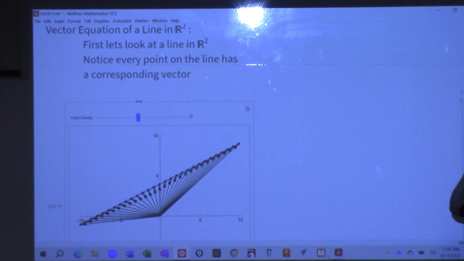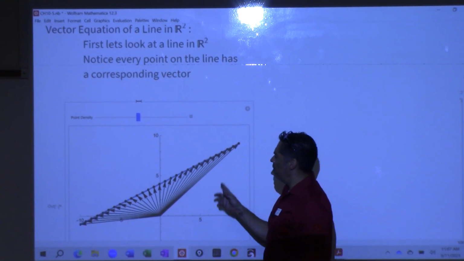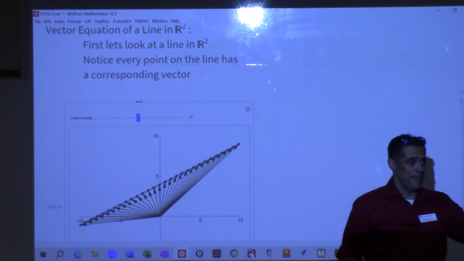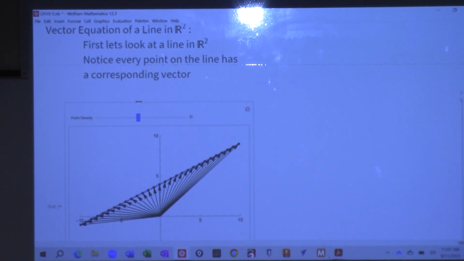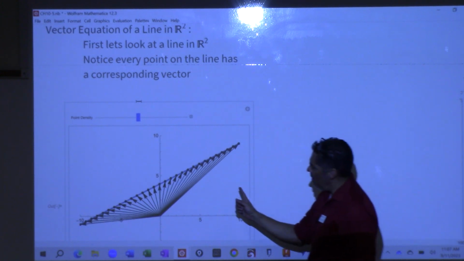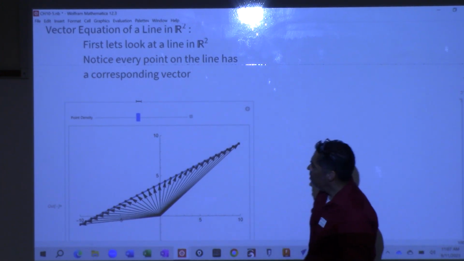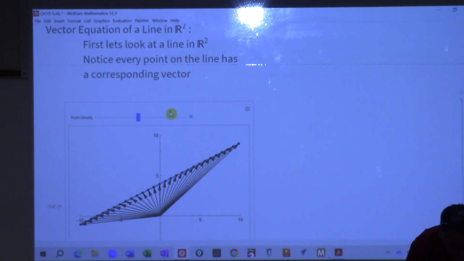And because of that, instead of defining this line using our good old-fashioned y equals mx plus b, we could define the line to be just the collection of all the vectors that point to all the points. So some way of defining all these vectors. Make sense? So how do we do that?